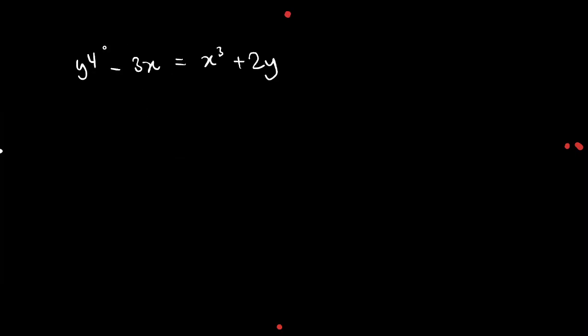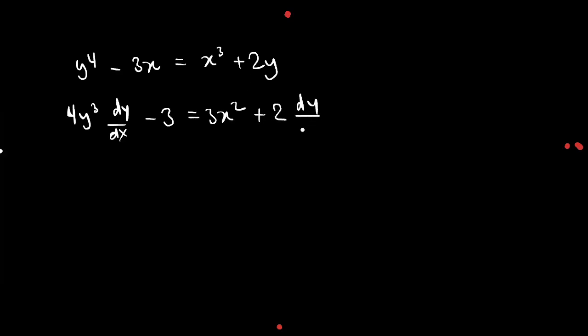So let's just differentiate everything here, but every time we have a y component, we just make sure to add or tag a dy/dx to the end of that. So the derivative of y to the fourth, that's 4y cubed dy/dx minus 3, which is equal to 3x squared plus 2 dy/dx.